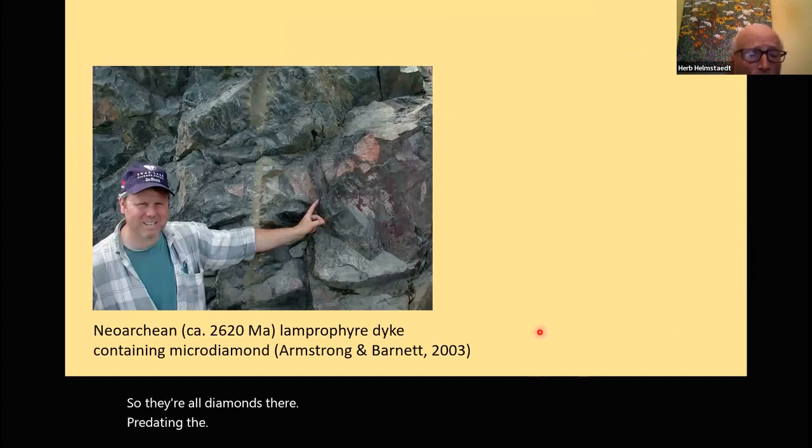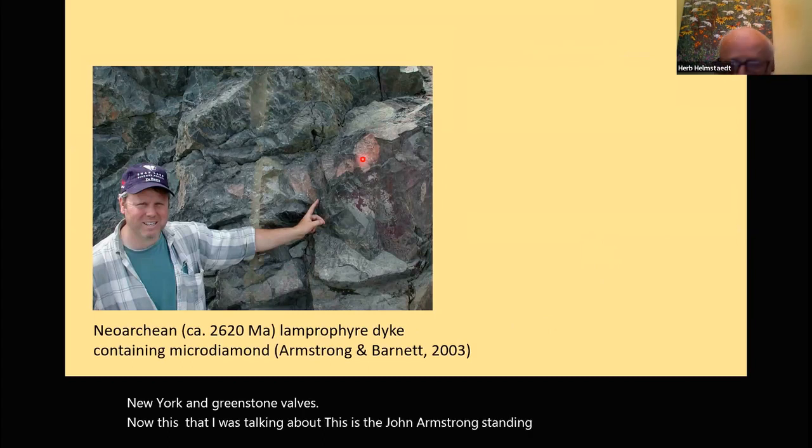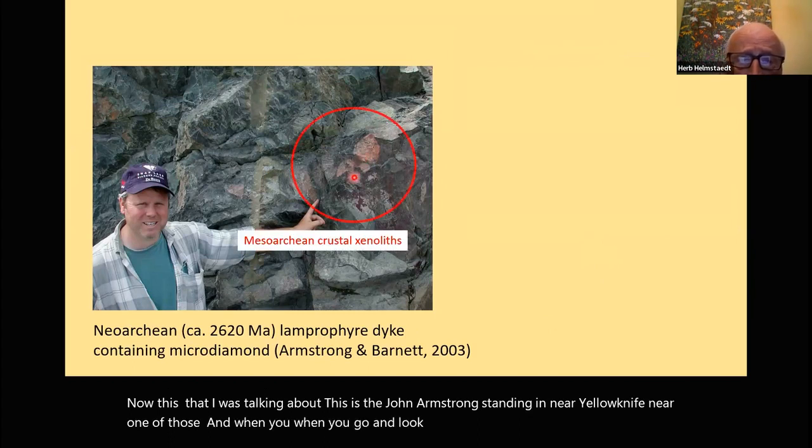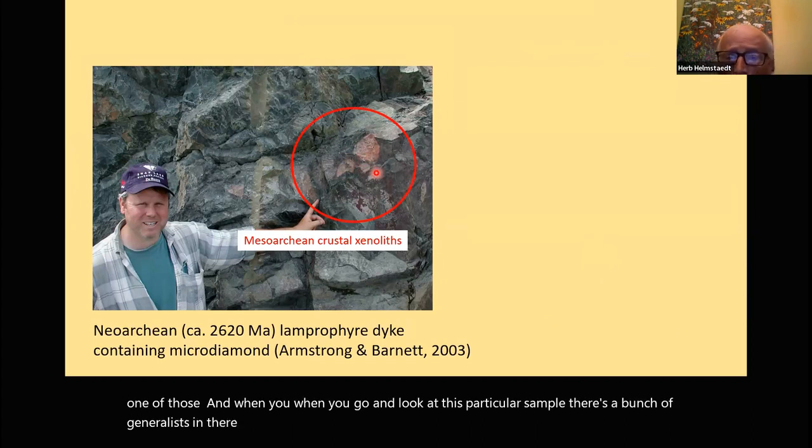Now, this dike that I was talking about, this is John Armstrong standing near Yellowknife, near one of those dikes. When you look at this particular sample, there's a bunch of xenoliths in there, and they have been known for quite a while.